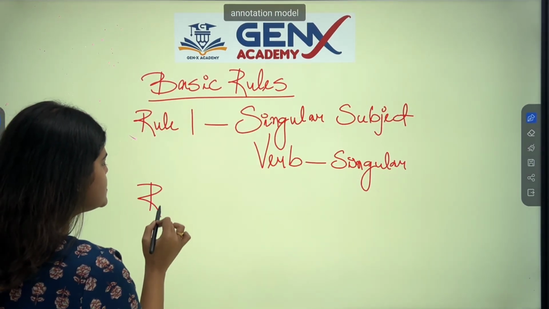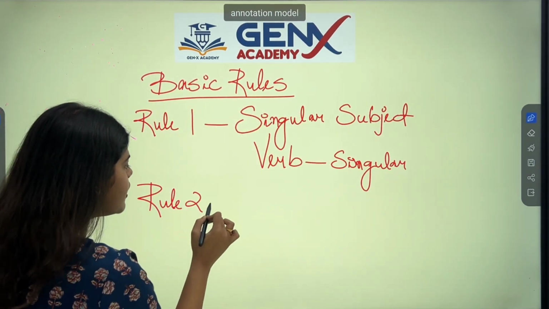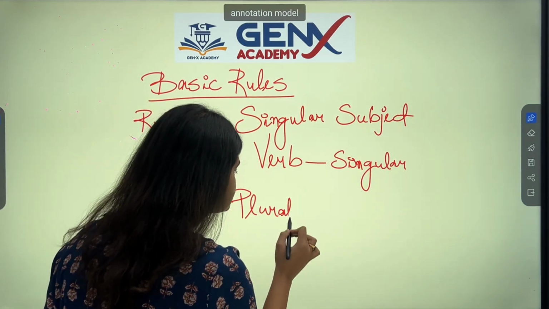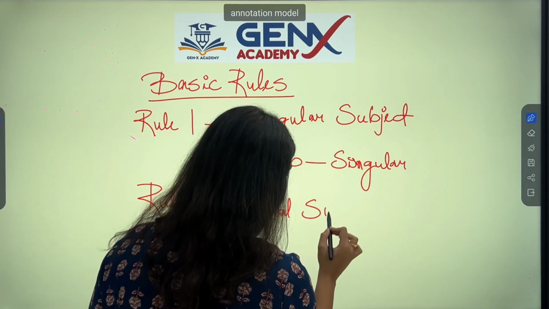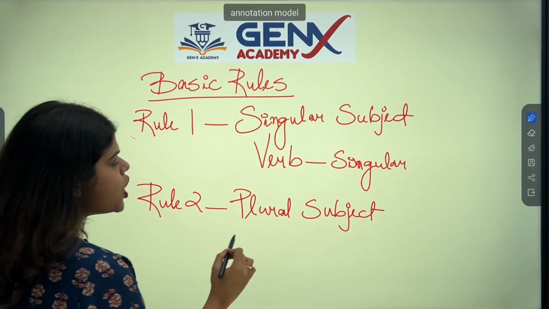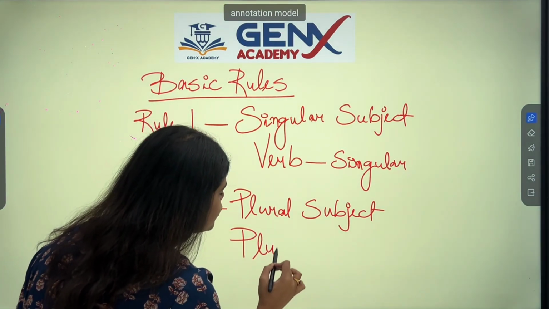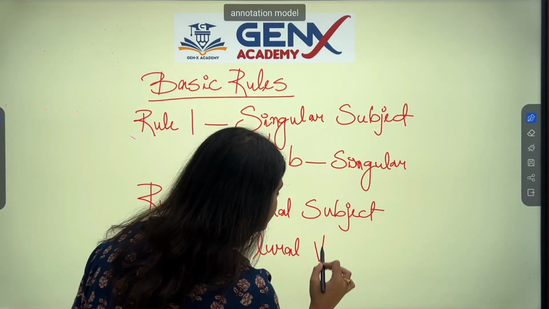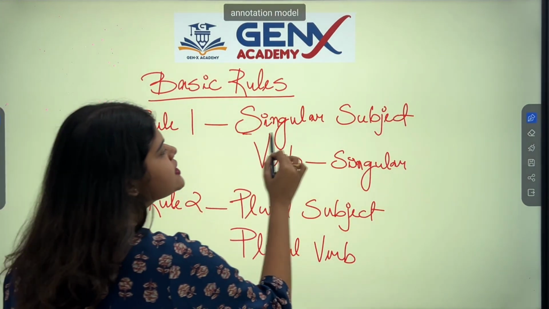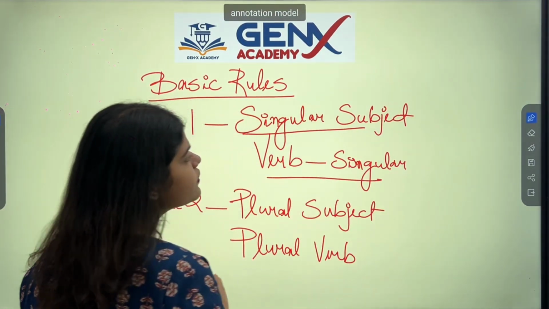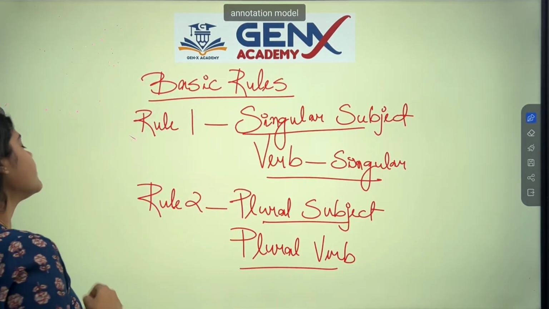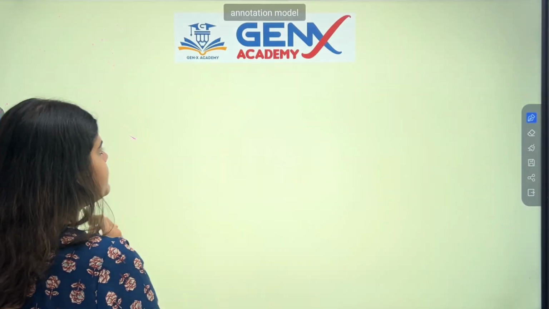And rule number 2 says, if there is a plural subject in a sentence, the corresponding verb also has to be in plural form. So for the singular subject there has to be a singular verb and for a plural subject there has to be a plural verb. Let's see an example.